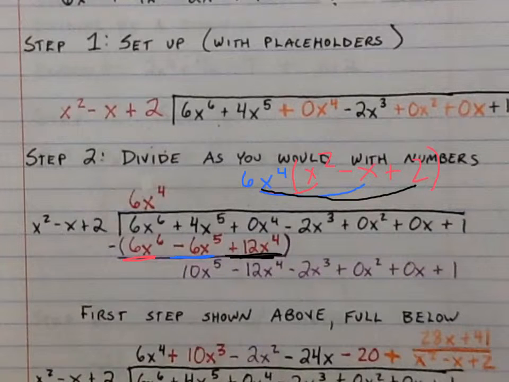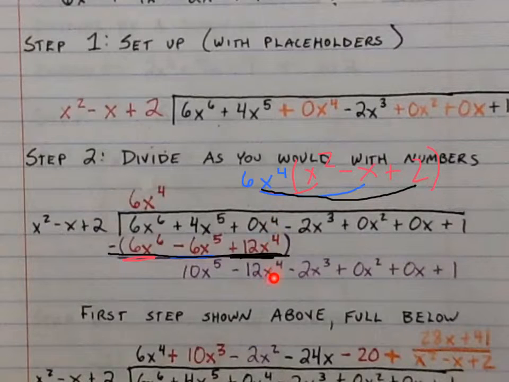At this point in long division, you can subtract one line from the other. So we take what we multiplied and we subtract it from the line above. So 6x to the 6th minus 6x to the 6th is 0. 4x to the 5th minus negative 6x to the 5th is positive 10x to the 5th. 0 minus 12 is negative 12x to the 4th.